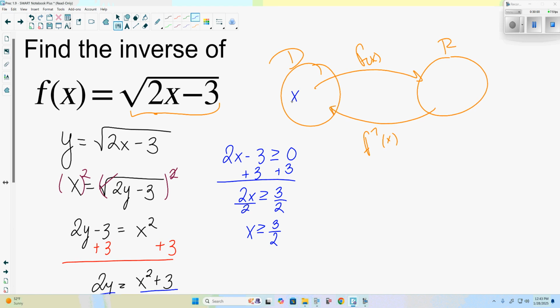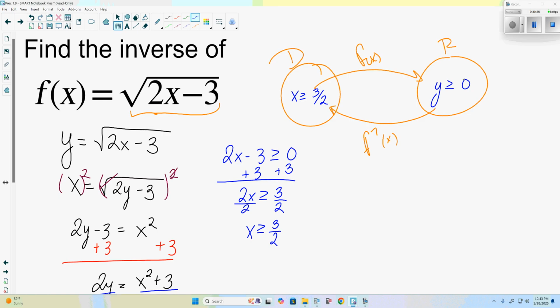So our domain value is going to be greater than or equal to 3/2. At 3/2, the y value is going to be 0, which means the range values have to be greater than or equal to 0, the corresponding y value.